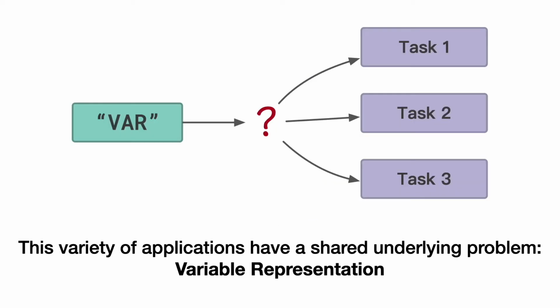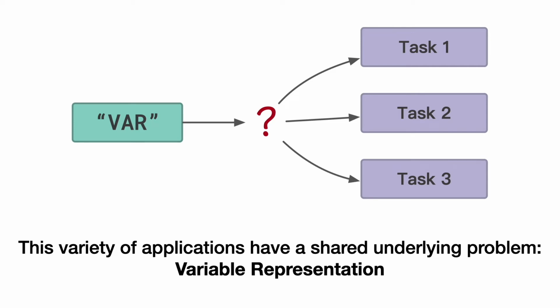Although these tasks appear to be very different from each other, they share one underlying problem, which is variable representation. The quality of variable representations can reflect the ability of the model in understanding the meanings of the variables. It can directly affect the performance of downstream tasks that are relying on variable names.